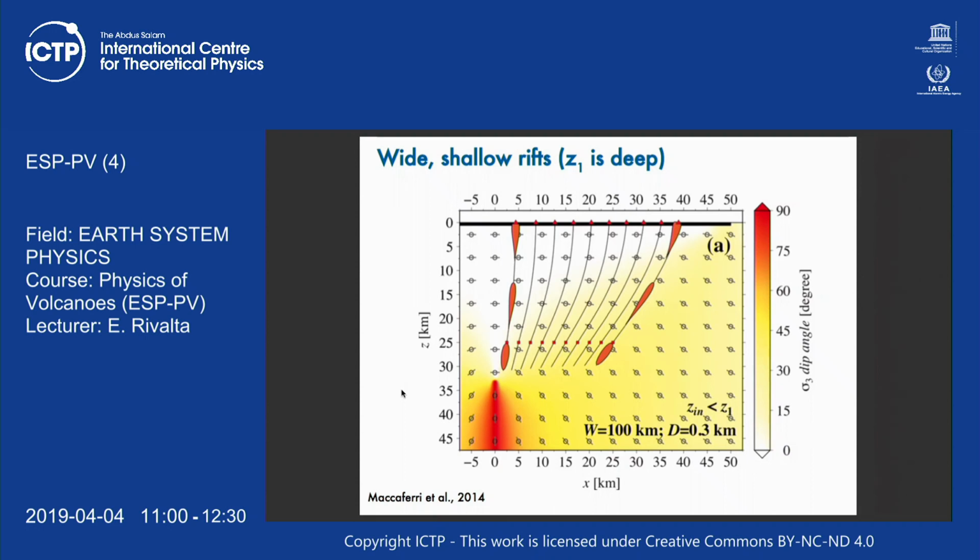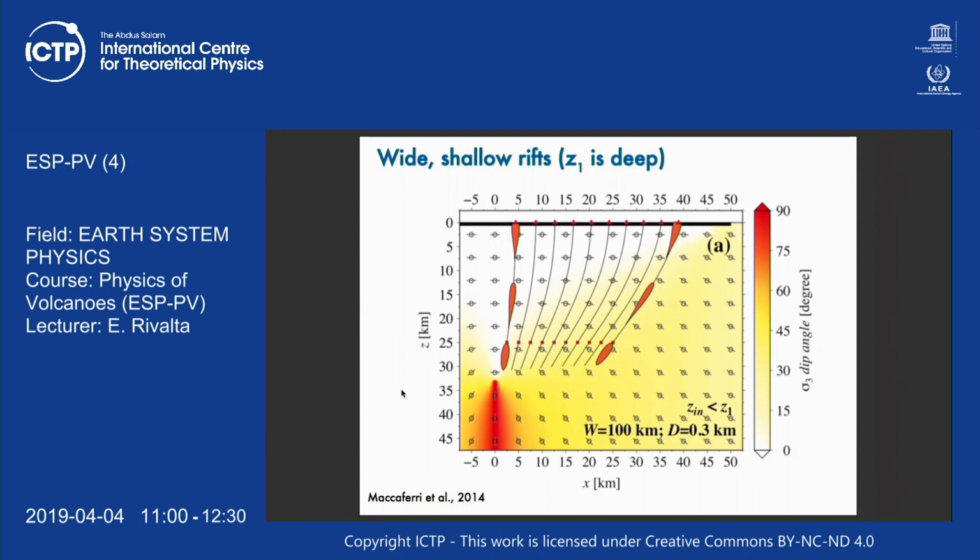basically it comes out that if your rift is very wide and very shallow, and you consider that the dikes are fed somewhere around this depth, then all the dike trajectories will be kind of separated. So you will form a lot of eruptive centers everywhere within the rift.